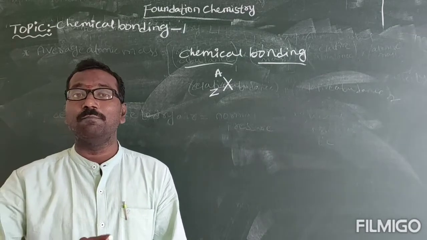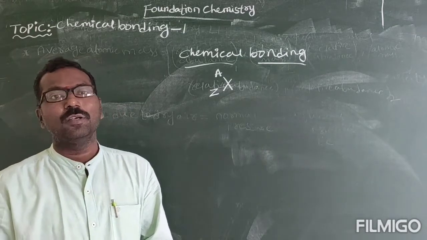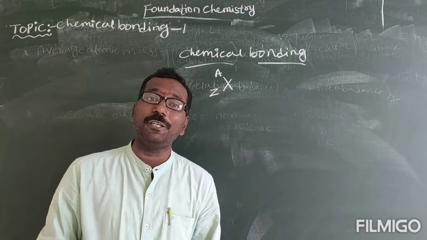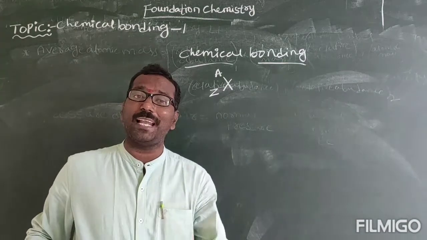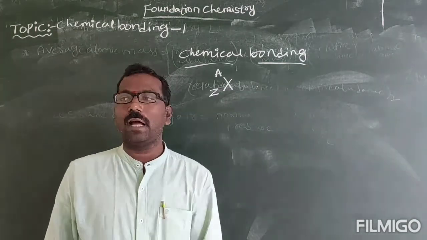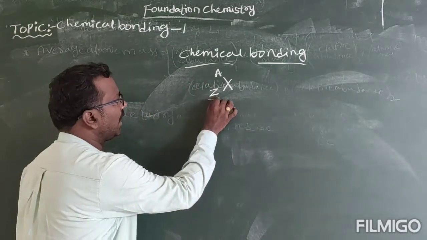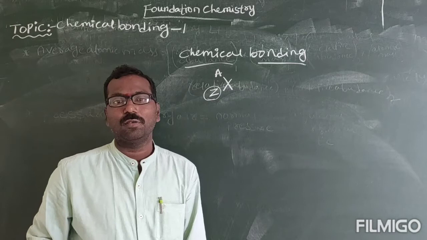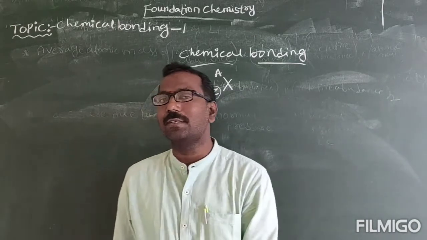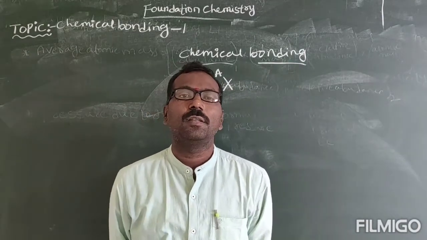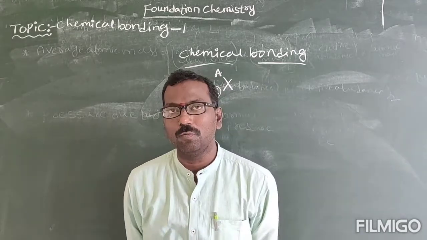When an element combines with other elements, it depends upon its deficiency of electrons, or how many electrons it needs. We can get the number of electrons from the atomic number. So the number of electrons will decide the combining capacity.